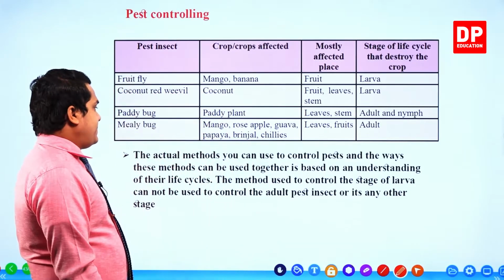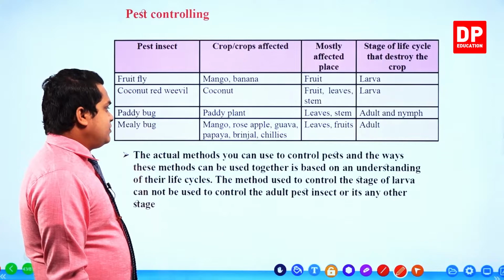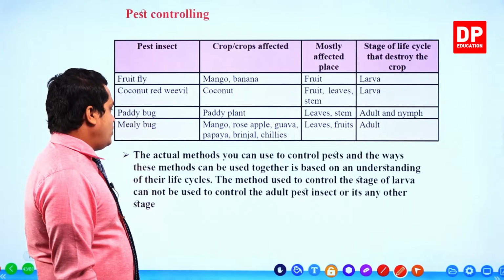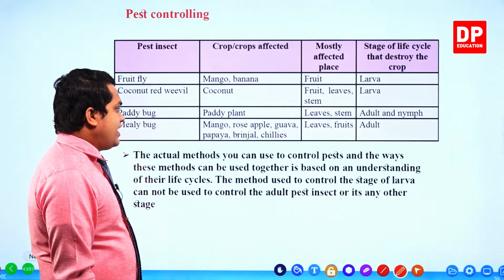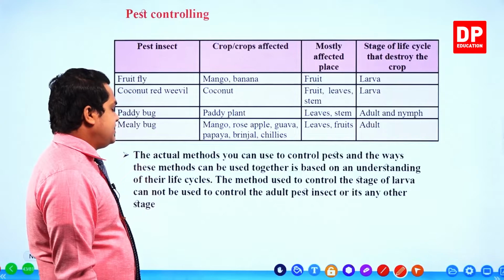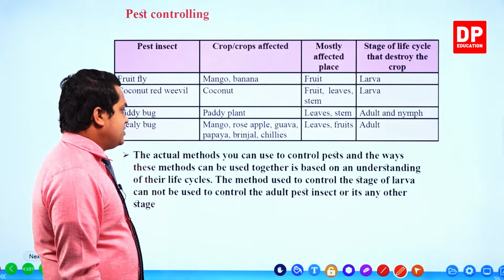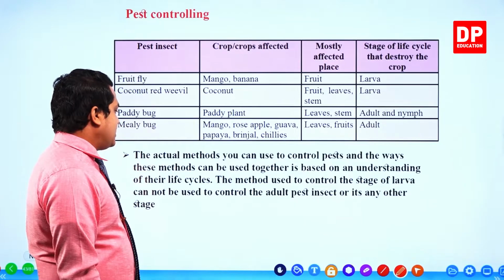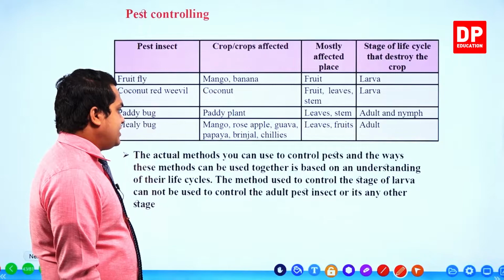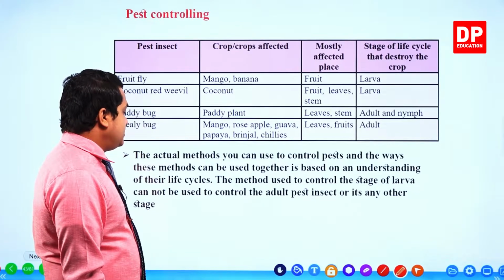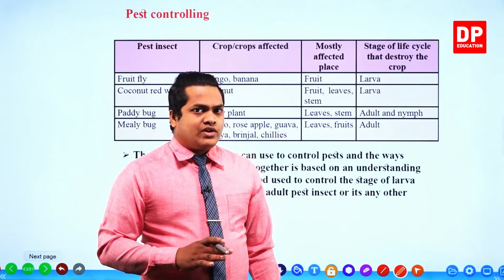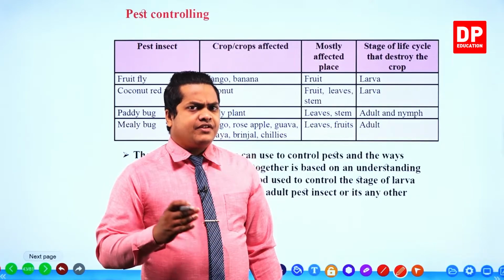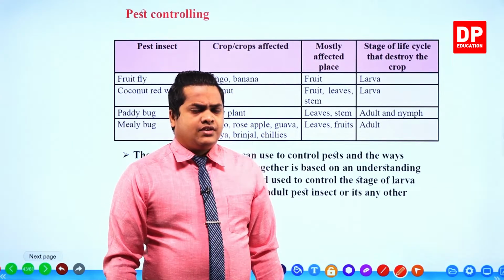It is given that the methods you can use to control pests, and the ways these methods can be used together, are based on an understanding of their life cycles. The method used to control the larval stage cannot be used to control the adult pest insect or any other stage.